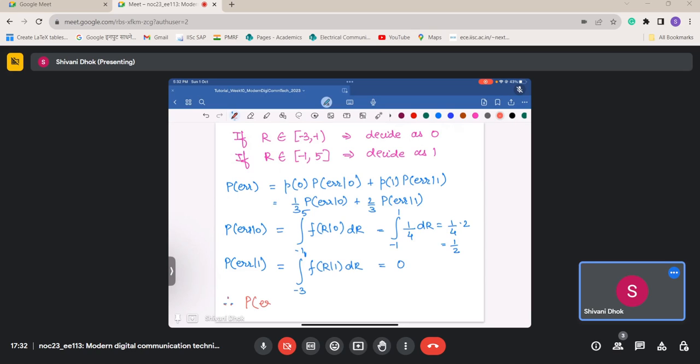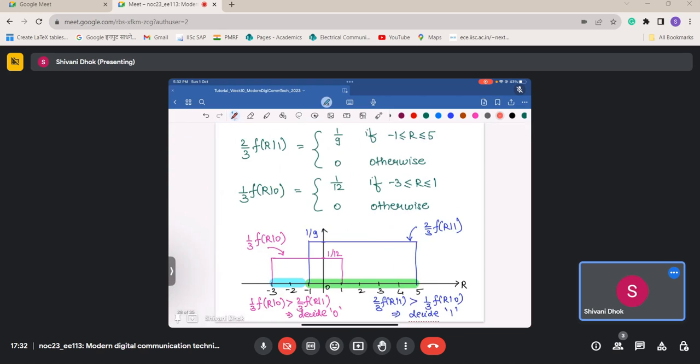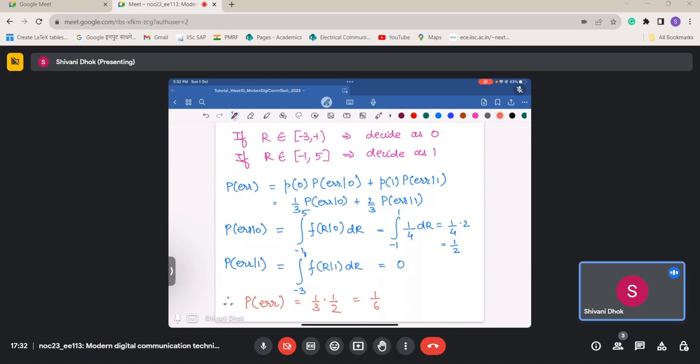Therefore, probability of error is equal to 1 by 3 into 1 by 2, which comes out to be 1 by 6. Now such kind of questions are asked in the GATE exam, like this particular question and the ones I'll take after this. Mostly those have been asked in the GATE exam.